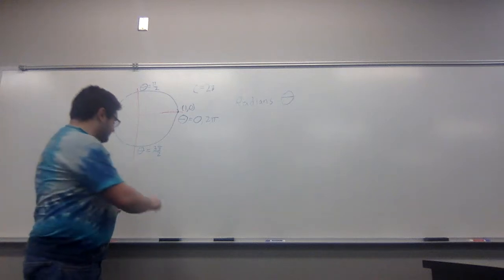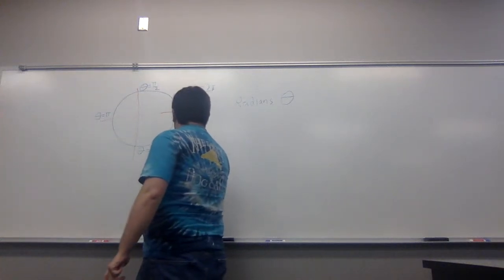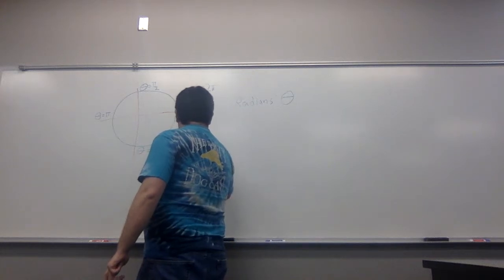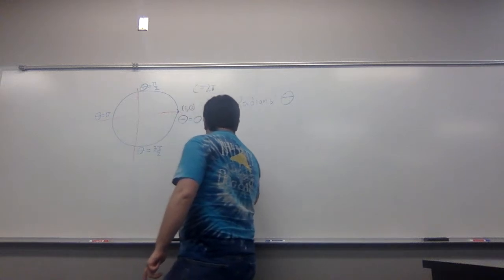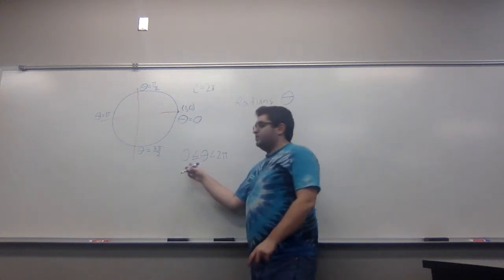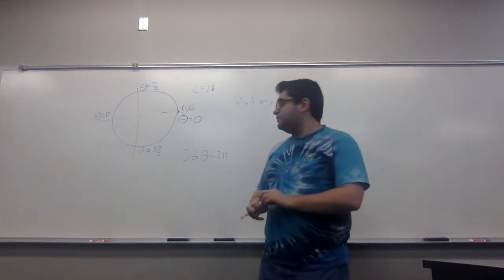So the way we solve that problem is we're going to look at radians from 0 to 2 pi. We're not going to include 2 pi, but we will include 0. The reason for that is just because 0 is easier to work with.